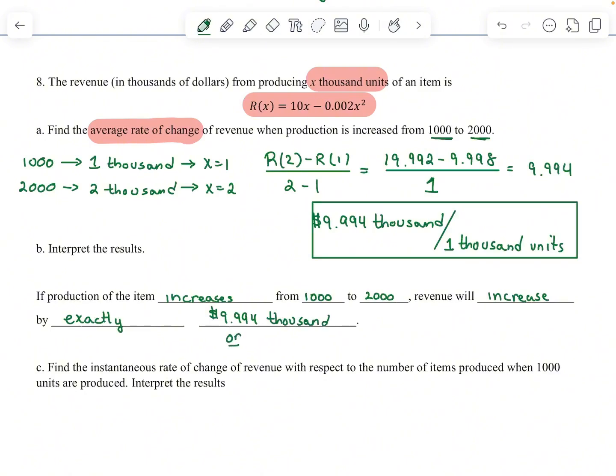Now it's perfectly fine to write 9,994. The reason why we use the word exactly is because we are looking for an average rate of change, and the span of the interval is exactly 1.